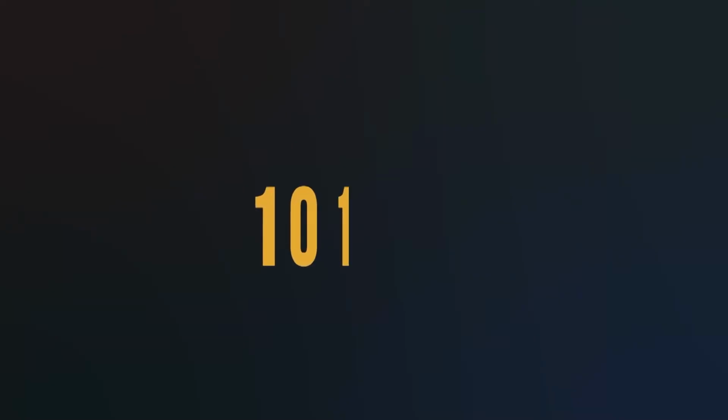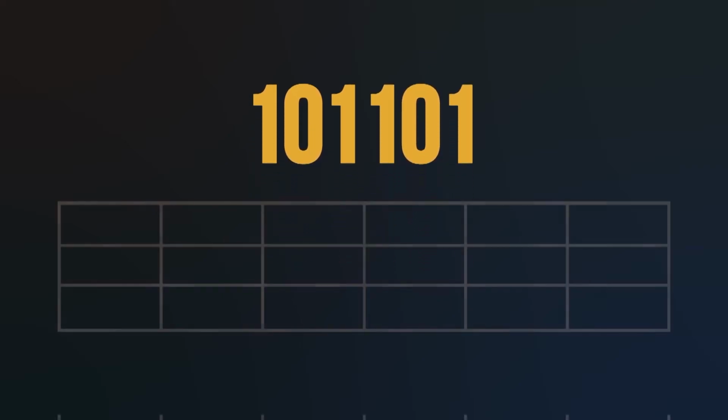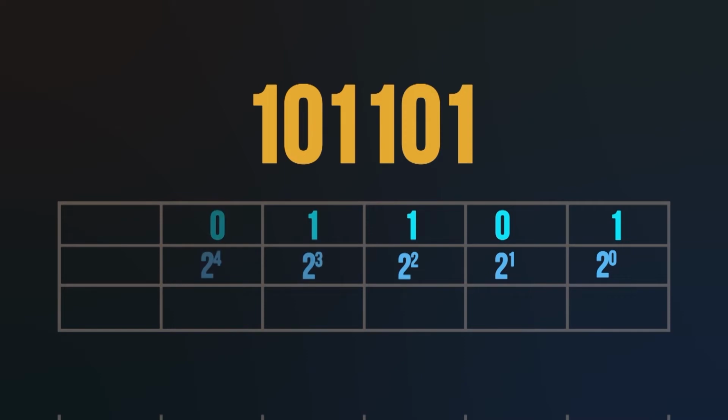Now, let us write the binary number 101101 in its positional notation. The positional value of the least significant bit, that is the rightmost 1, is 2 raised to 0. For the next left bit, it is 2 raised to 1, and for the next it is 2 square and so on.